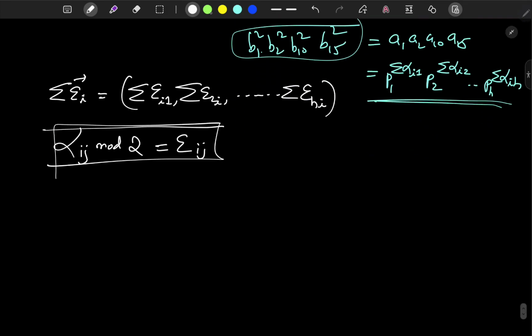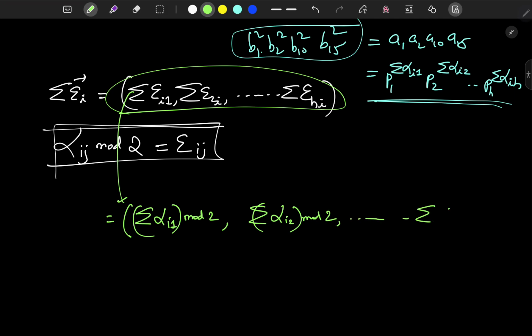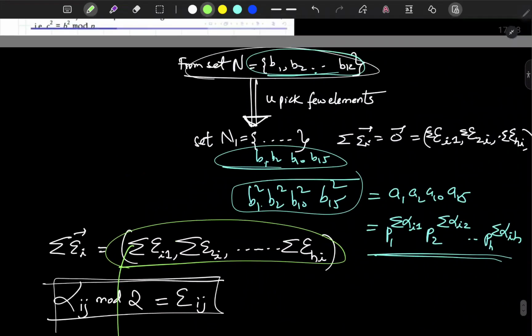So can I write it as sigma alpha i1 whole mod 2, sigma alpha i2 whole mod 2, and so on, sigma alpha ih? Sorry, I'm confusing myself.